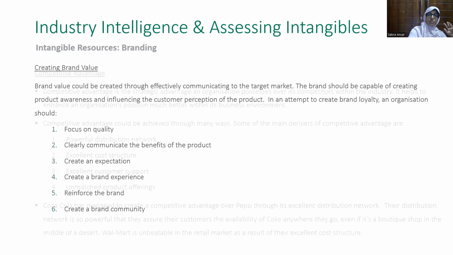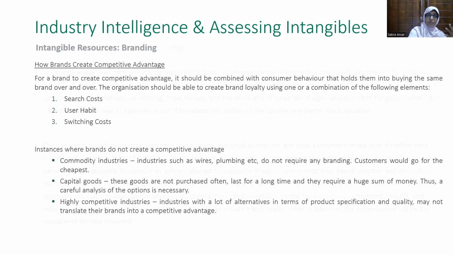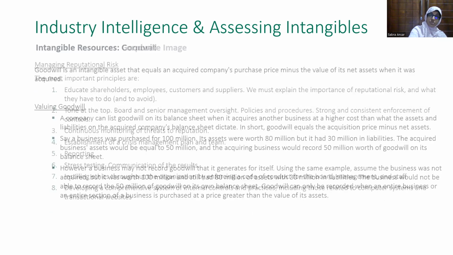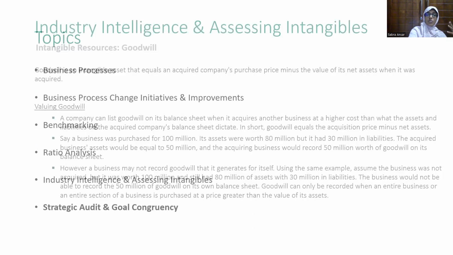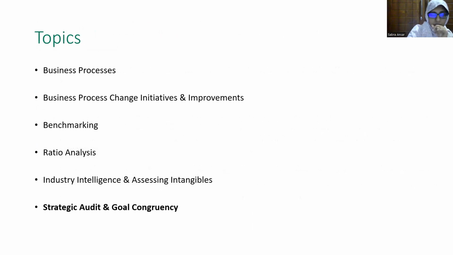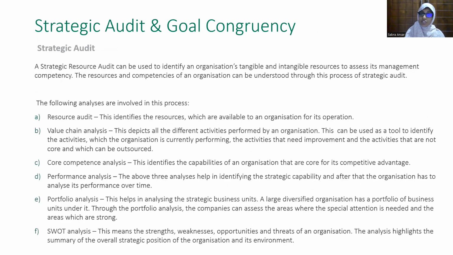Then we talked about corporate image and how it is being used. Then we talked about goodwill. So we talked about all these intangible assets and how they can be used in business decision making. We said how the strategic audit can be done using resource audit, value chain audit, core competence audit, performance analysis, portfolio analysis, and SWOT analysis.